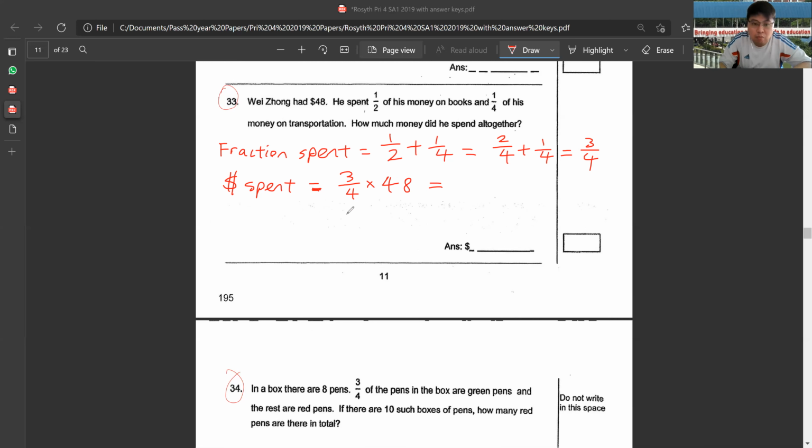Then I rewrite it as 4 divided by 4. What is the common factor of 4 and 48? The highest common factor of 4 and 48 is 4.